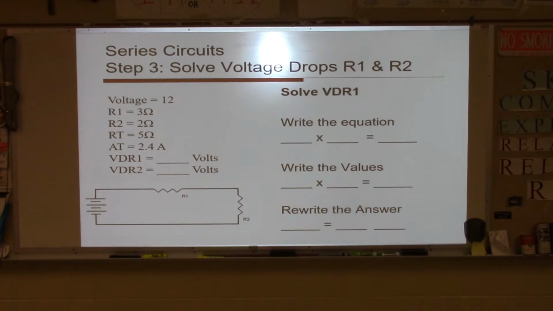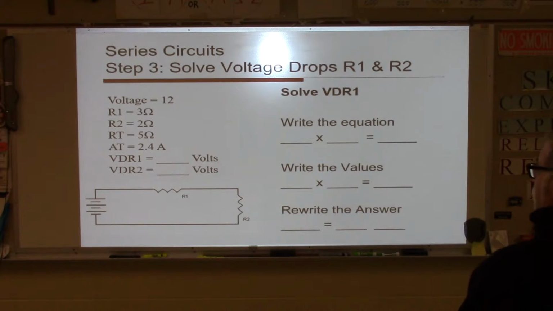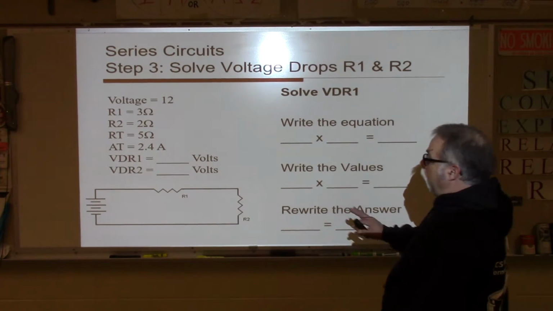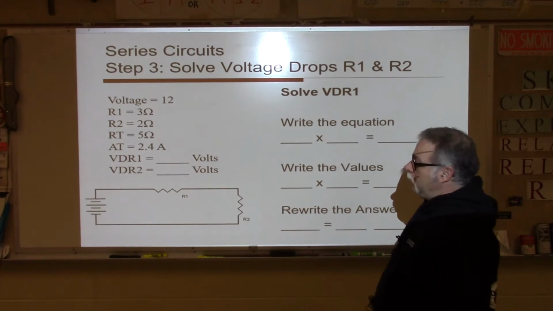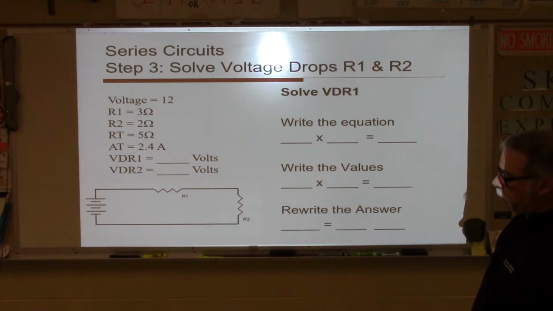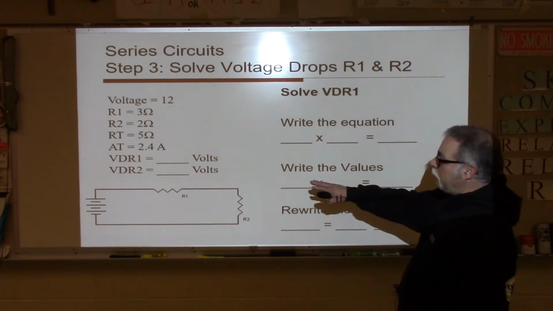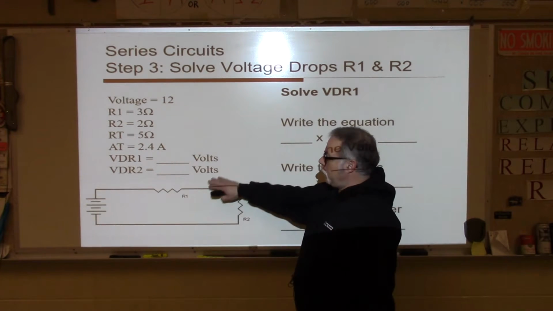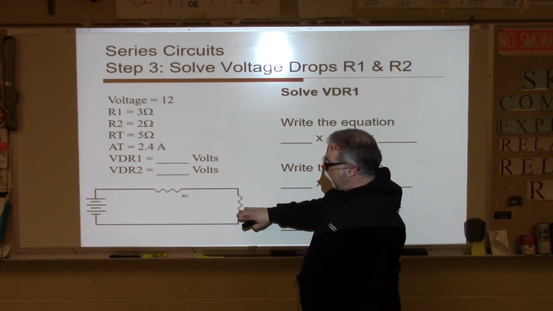So now that we know the total amperage flowing through the circuit, we know our resistance values of each of the series resistors. We can determine how much voltage is going to drop at each of those loads. So over here on the left we have the voltage drop at R1, we have a voltage drop at R2.